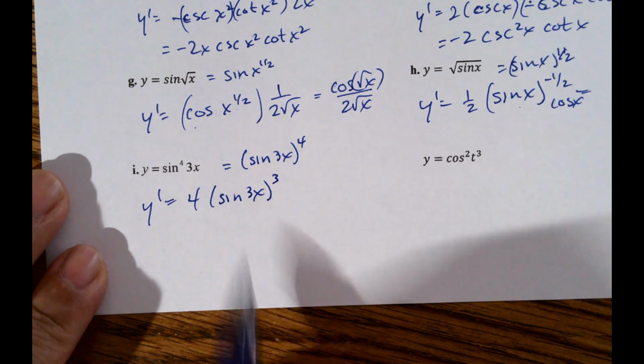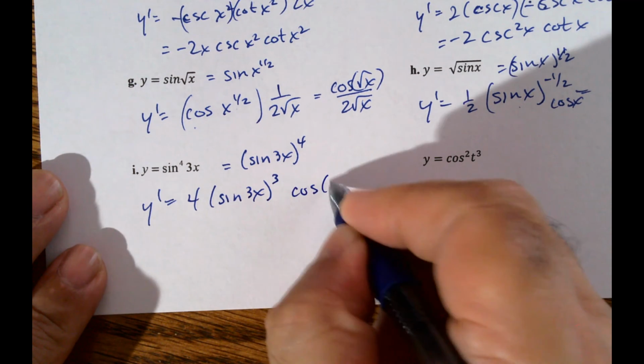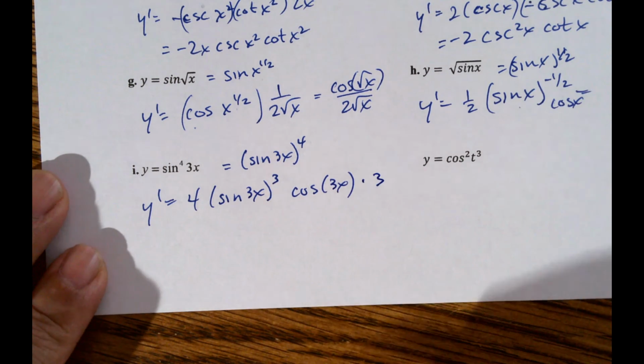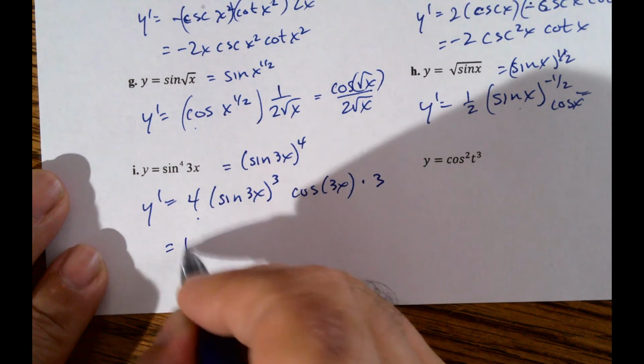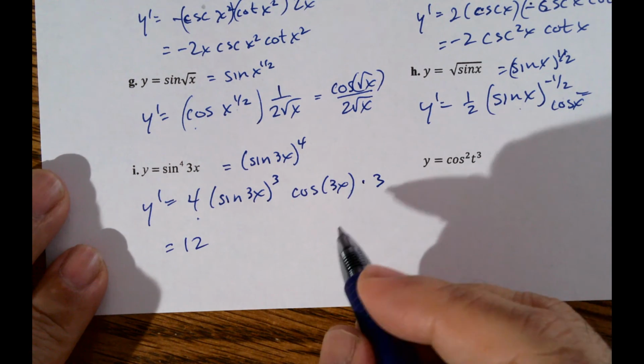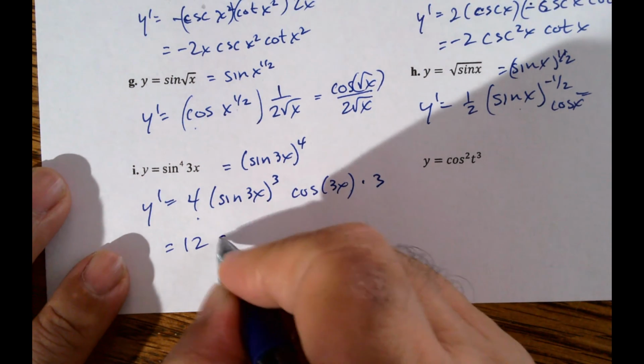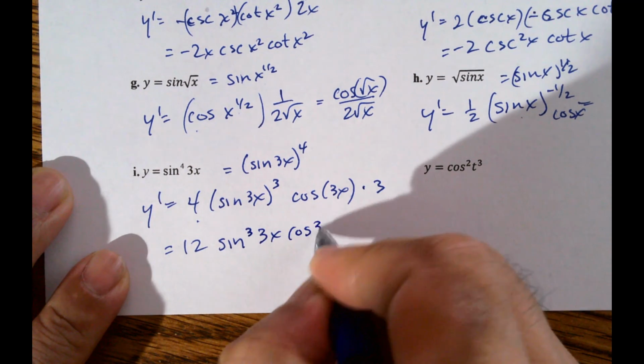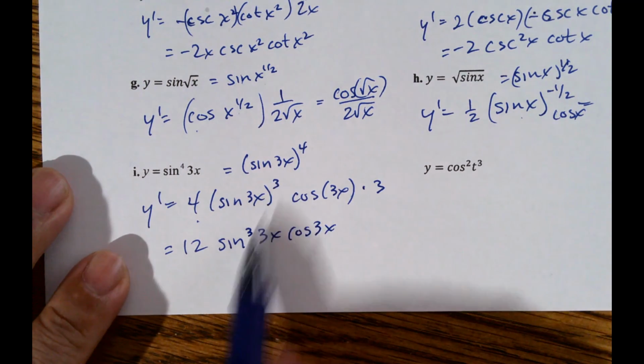Now the inside, derivative of sine is cosine. And now take the derivative of 3x, which is 3. So we do 3 times 4, 12. There's no good way to do this. Right? This 3 is that exponent.